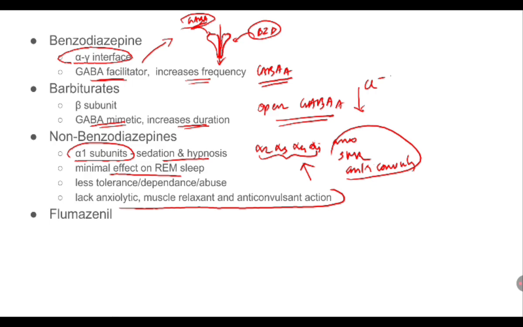And flumazenil is a competitive antagonist, and it is used in toxicity, to prevent the toxicity of benzodiazepine and non-benzodiazepine drugs. This can be used in both conditions.